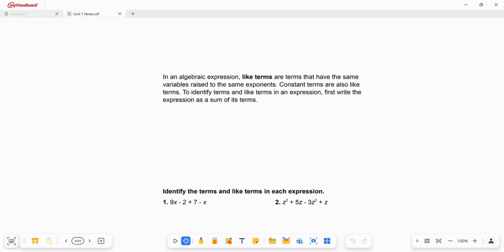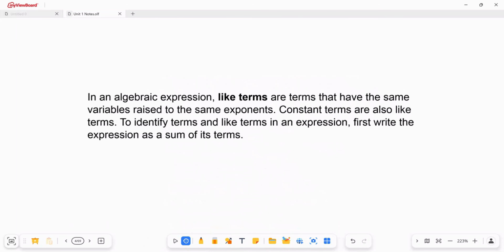So first thing that I want to just highlight here is the definition. So in an algebraic expression, like terms are the terms that have the same variables raised to the same exponents. Constant terms are also like terms, and to identify like terms in an expression, first write the expression as a sum of its terms.